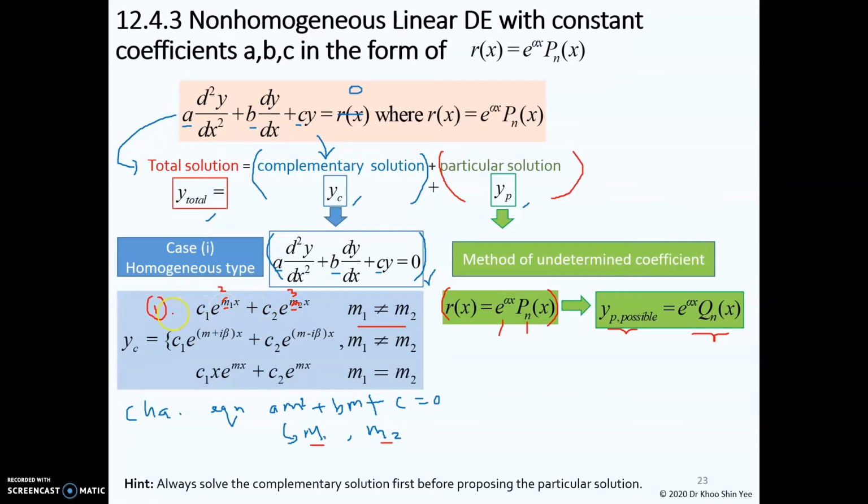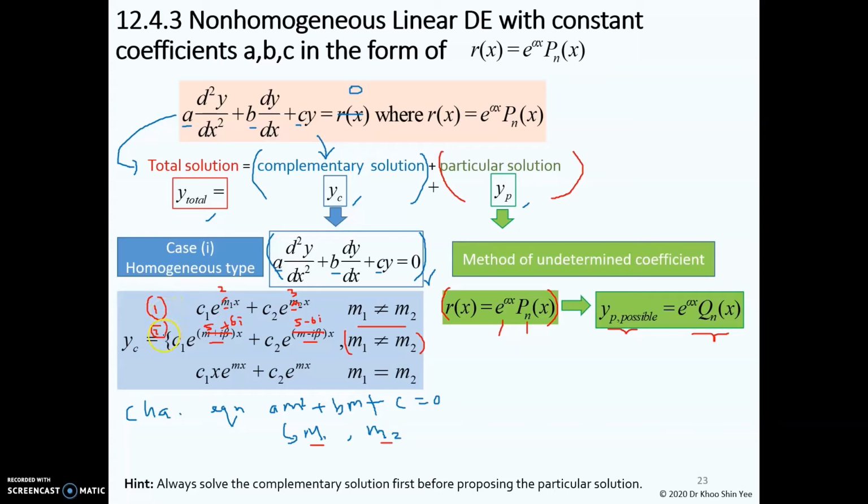In the second case, you might obtain m1 and m2 in a pair of complex conjugate, or complex number, and m1 is not equal to m2. For example, here you obtain 5 plus 6i for m1, and for m2 here you obtain 5 minus 6i.